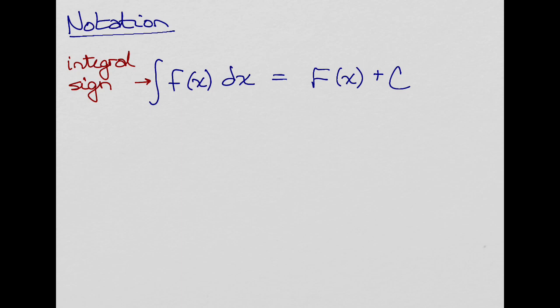The function whose antiderivative we're going to try to find is the integrand. This dx, you might recognize that from taking derivatives, dy dx. This is telling us the variable of integration. This is not such a big deal.